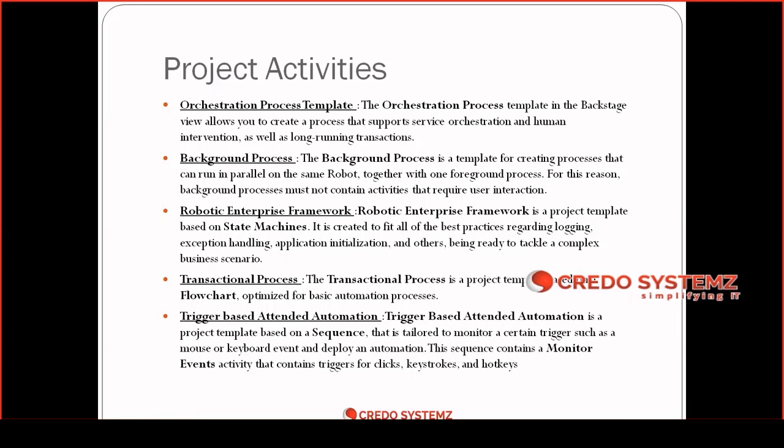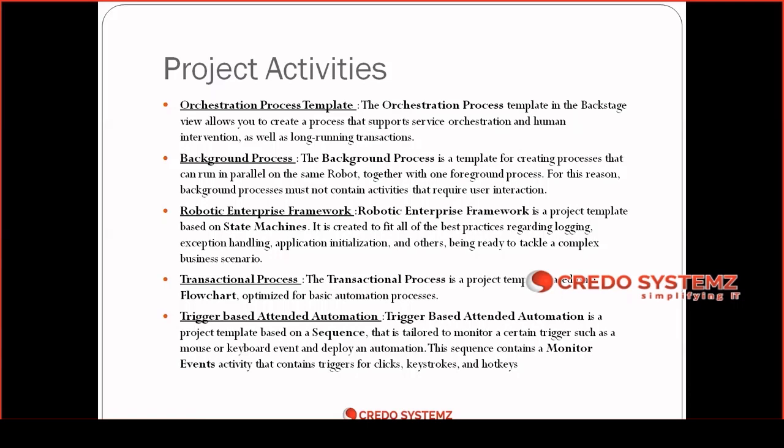The other templates, yes, most of the time we'll be using the robotic enterprise framework only. The robotic enterprise framework is a much easier template, which is formed to help the developers, just for the ease of working for the developers, and so that you follow a proper methodology of writing your code or your flowchart.